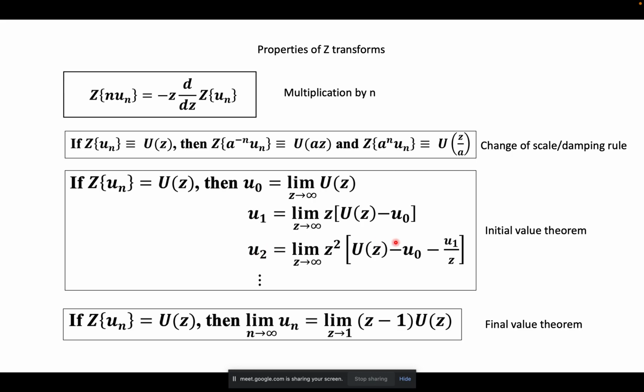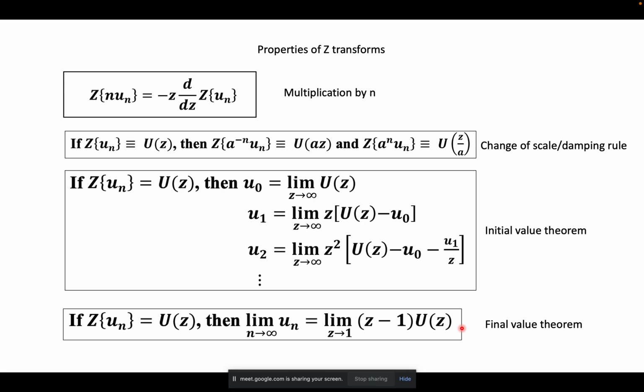Okay, so this is the initial value theorem, and the last thing is the final value theorem. Here it says if Z of u(n) is equal to U(z), so you have some sequence small u(n) and the Z transform of that is given by U(z), then the limit of u(n) as n approaches infinity is the same as the limit as z approaches 1 of (z minus 1) U(z), and this is also quite useful in solving some of the problems.